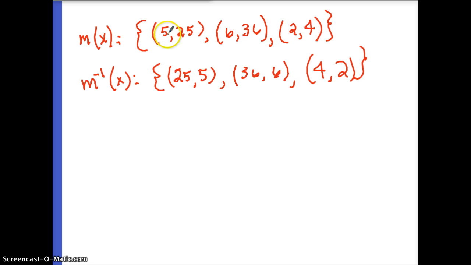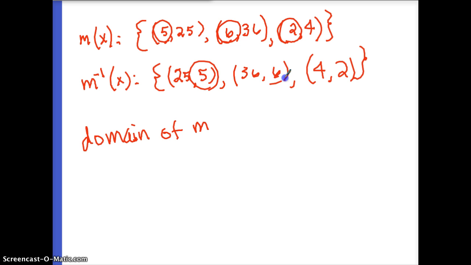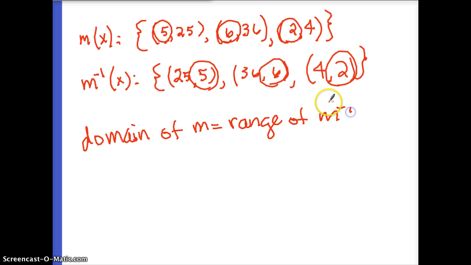Okay, here's the other thing that we're going to notice. The domain of our original function, notice it was 5 and 6 and 2. Well, those very numbers appear as the range of the inverse, which makes sense because our x and y values flip-flop.